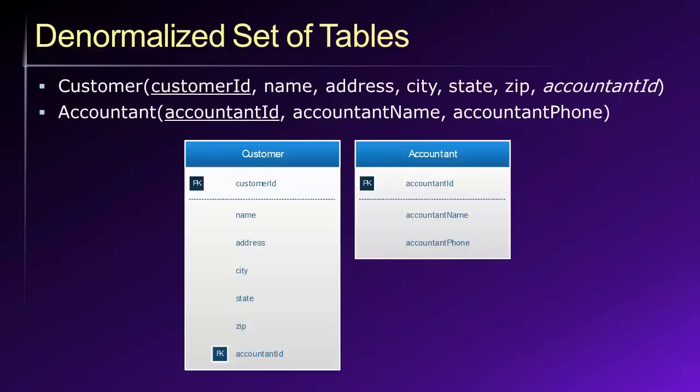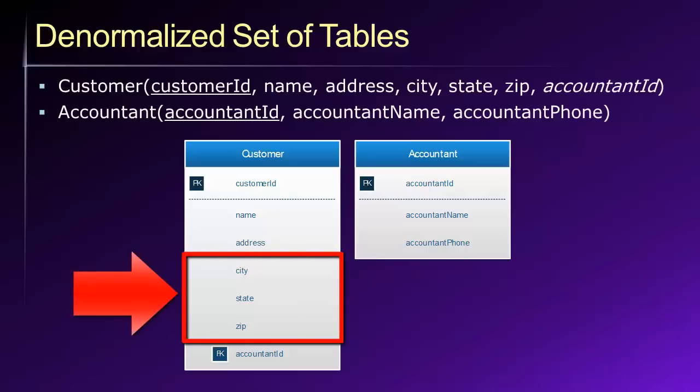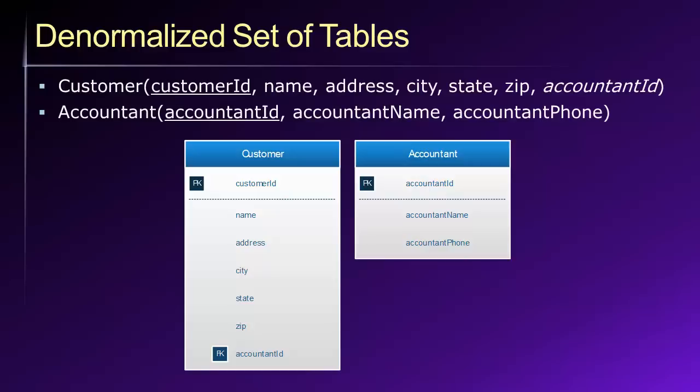Consider, for example, the set of tables shown here. In this example, we have combined the zip code table and the customer table from our normalized solution into a single table, which here we are just calling customer.